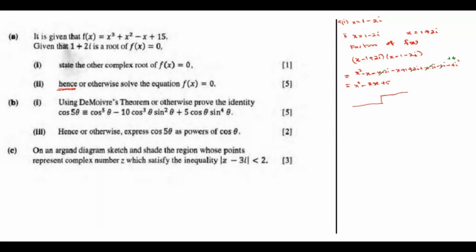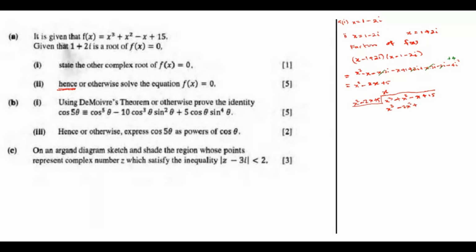Here we are having x squared minus 2x plus 5, then on the other side we have the cubic function, which is x cubed plus x squared minus x plus 15. x squared into x cubed is x. x times x squared is x cubed. x times minus 2x is minus 2x squared. x times positive 5 is plus 5x.